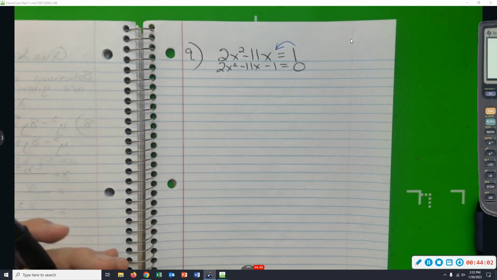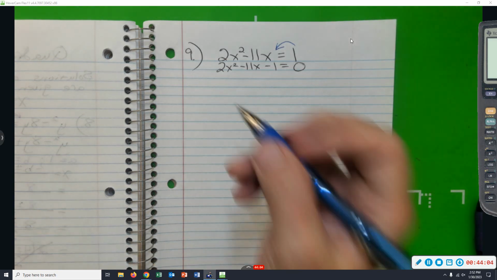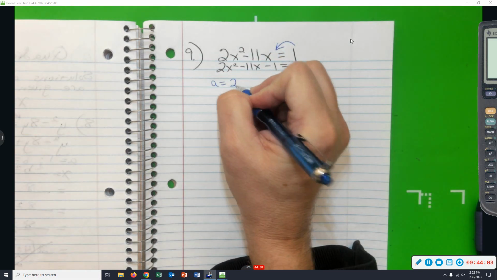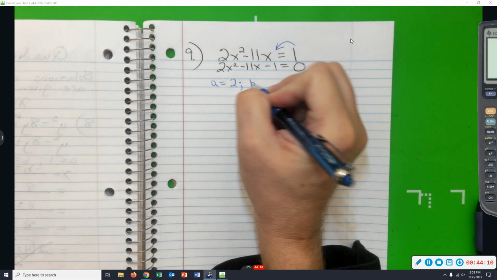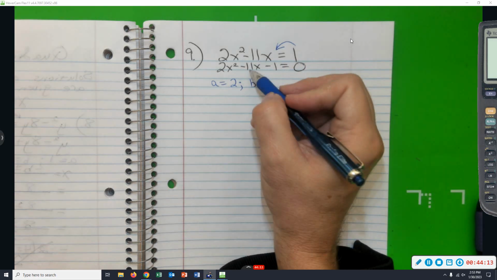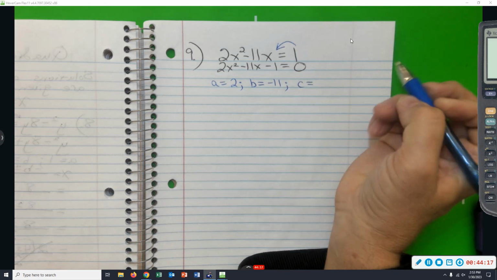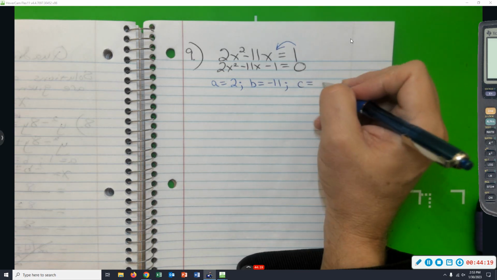Let's identify our A, B, and C values. A is equal to 2. B is equal to negative 11. And C, negative 1.